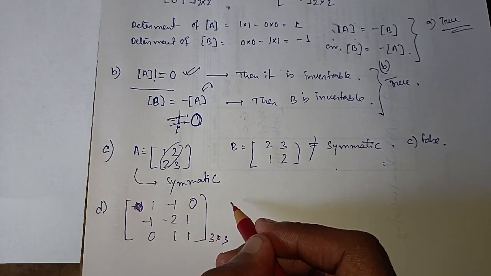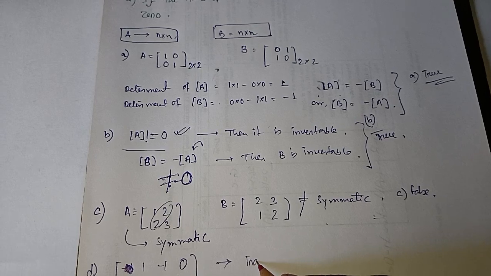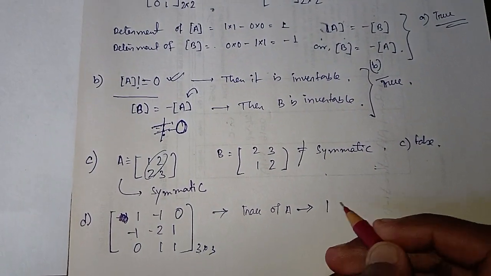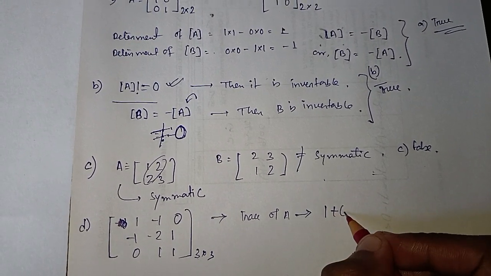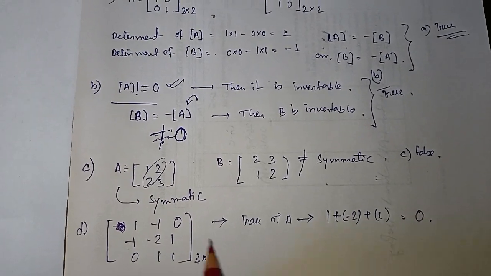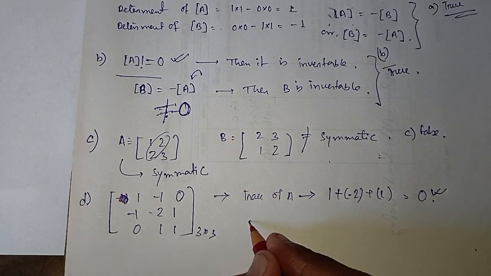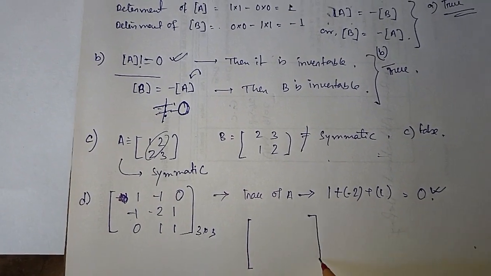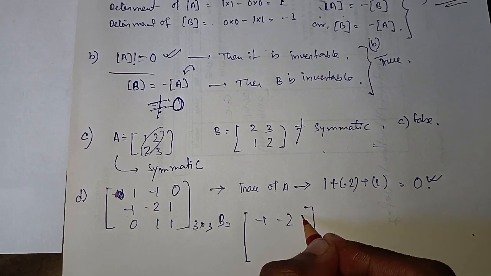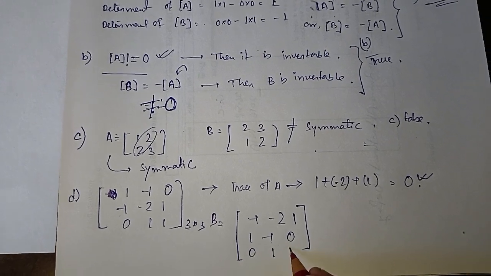The trace of A is the sum of the leading diagonal: 1 plus minus 2 plus 1, so we get 0. The trace of A is 0, but swapping two rows we get B as [-1 -2 1; 1 -1 0; 0 1 1].